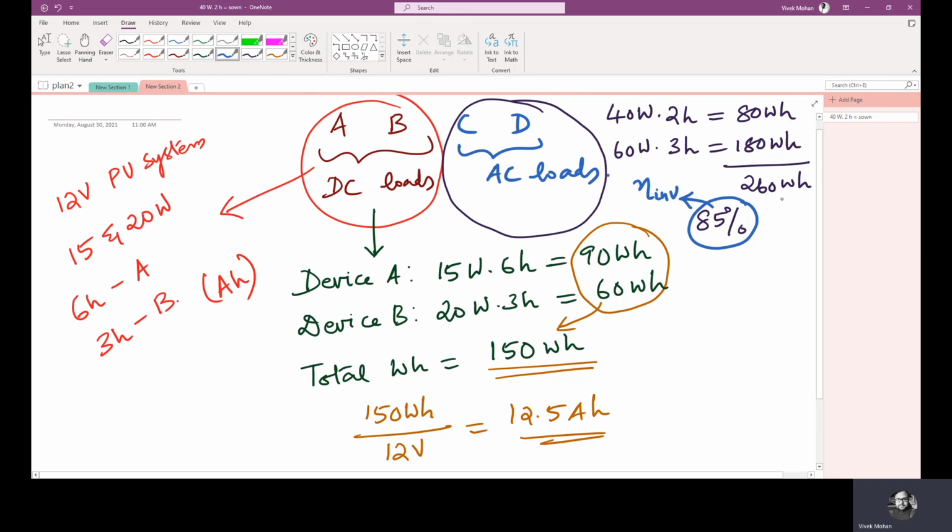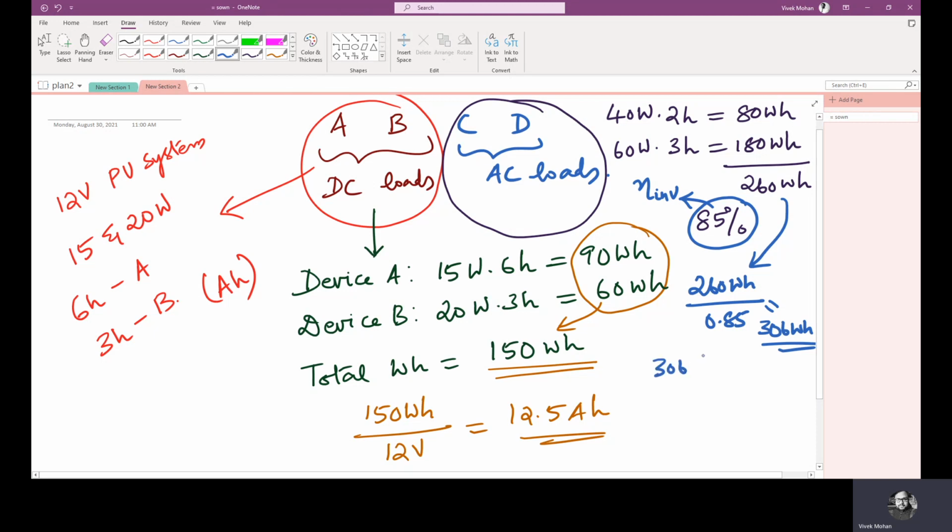So in that case, this 260 watt hours can be divided by 0.85. We now move on to the input side of the inverter, which is equal to 306 watt hours. Okay, now we can find the equivalent ampere hours in the DC side.